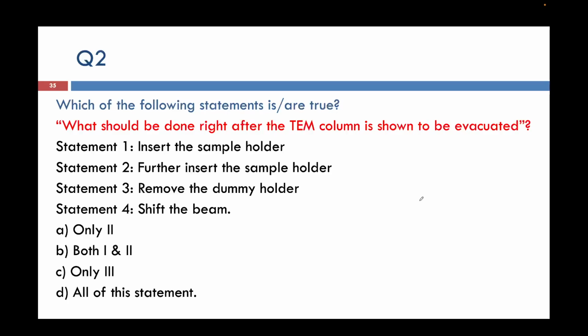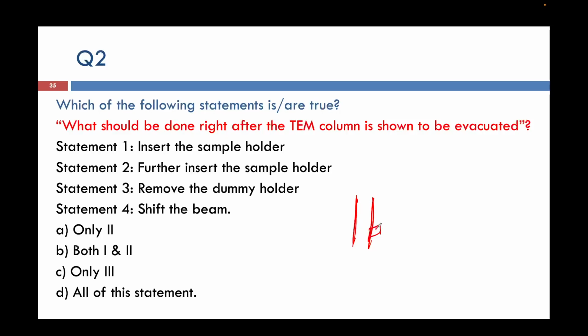There will be a dummy holder there. We remove that, and after that we insert the sample holder, because for the entire column to be evacuated, the chamber should be completely sealed, so there should not be any leakage. Let's say this is our TEM column, and here is the sample holder.